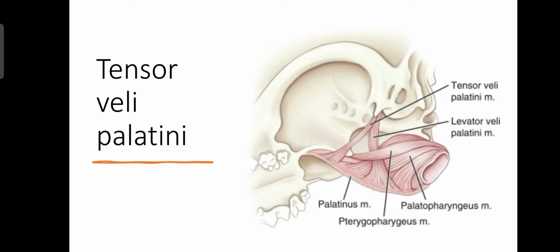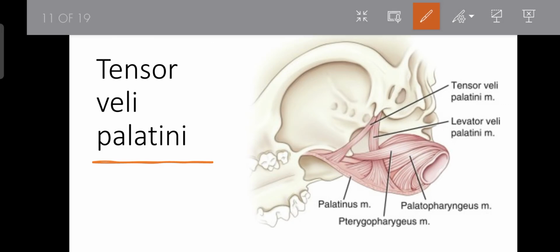Third muscle is tensor veli palatini, which is a very important muscle. As we see in the diagram, it comes from the cartilaginous part of the auditory tube and the scaphoid fossa.